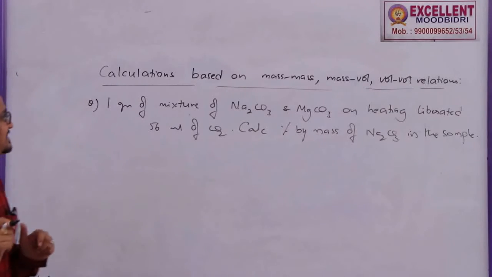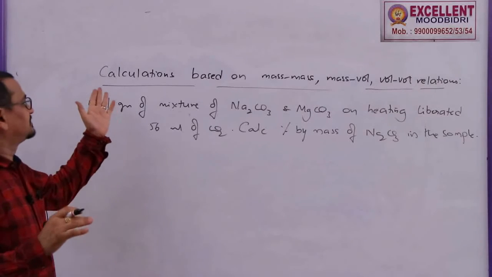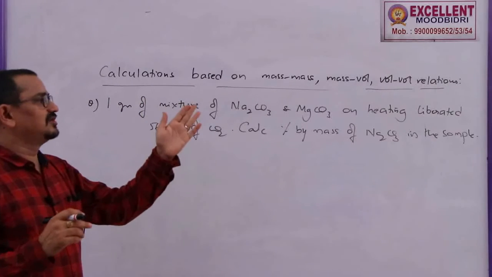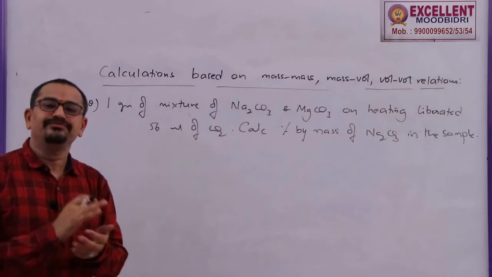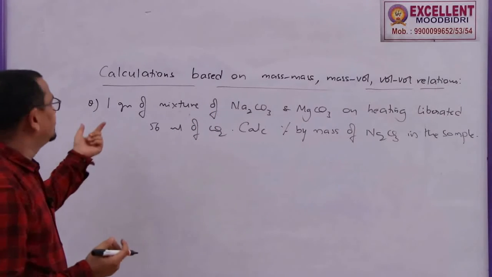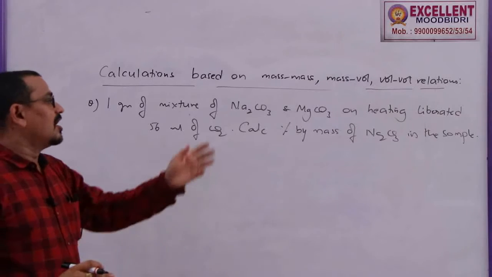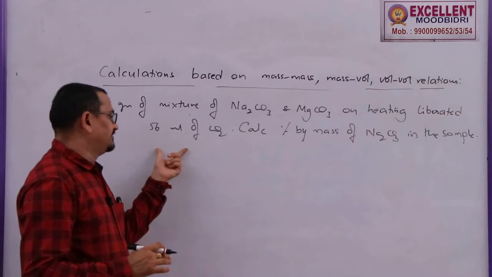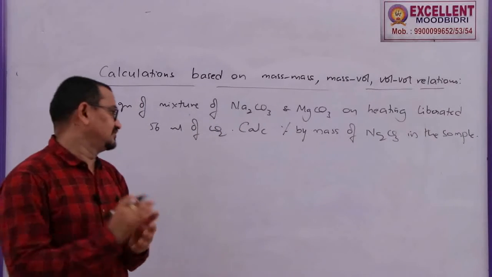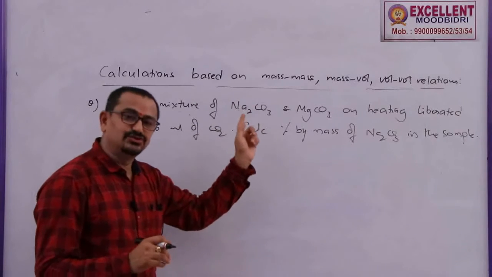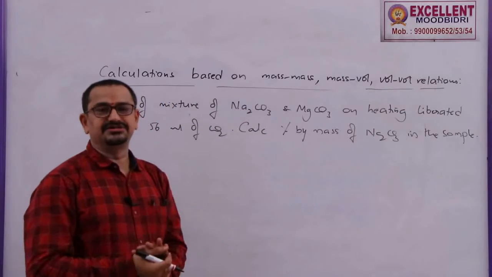Right? This is another question, another concept, that is calculations based on mass-mass relations or mass-volume relations or volume-volume relations. Now you see, 1 gram of a mixture of sodium carbonate and magnesium carbonate on heating liberated 56 ml of CO2. The 1 gram of total mixture contains sodium carbonate as well as magnesium carbonate.